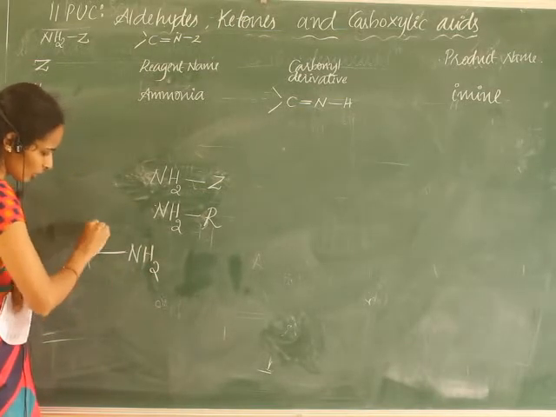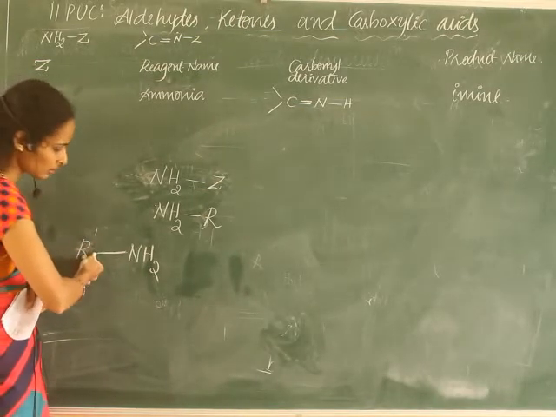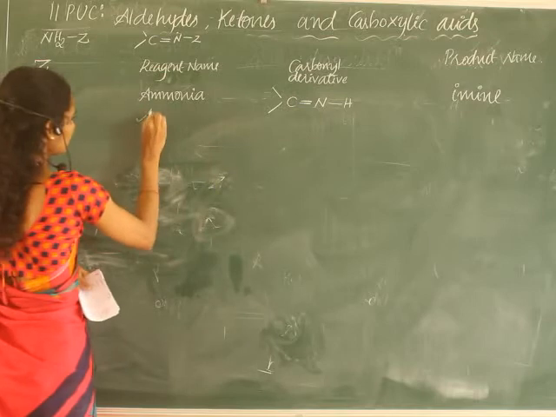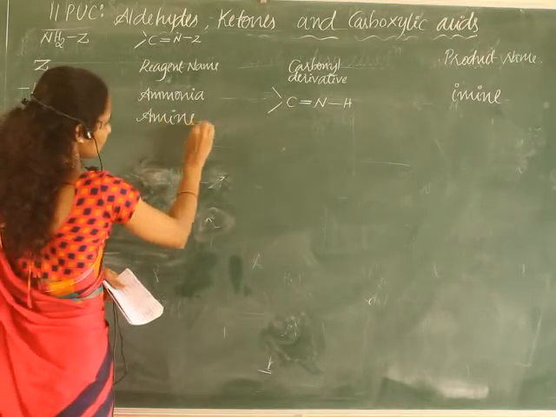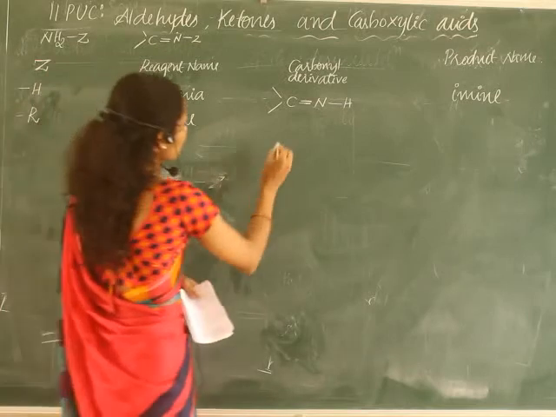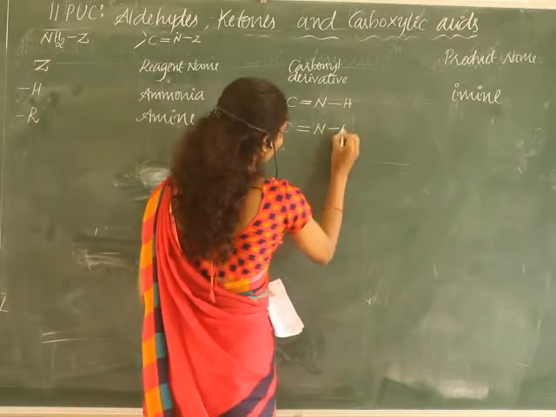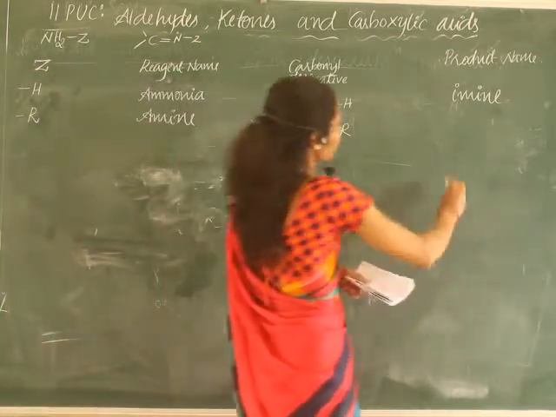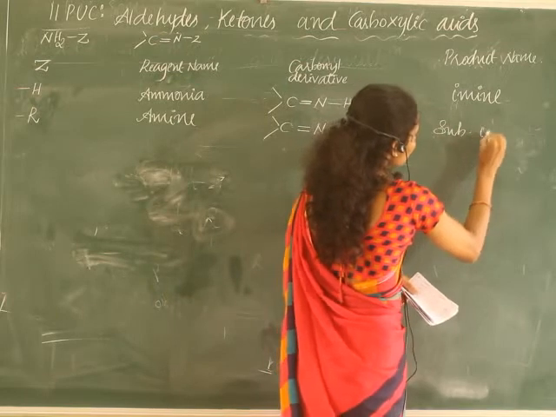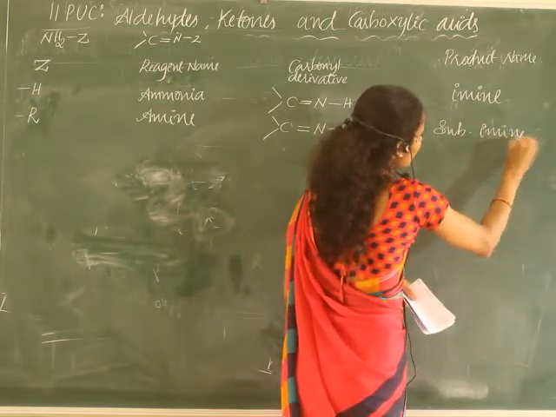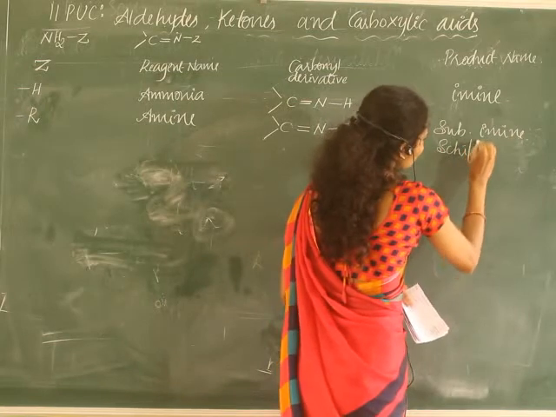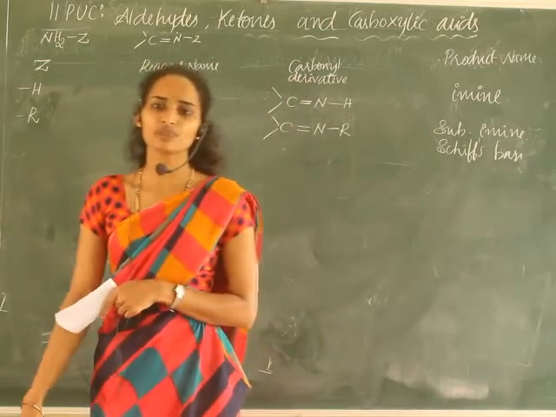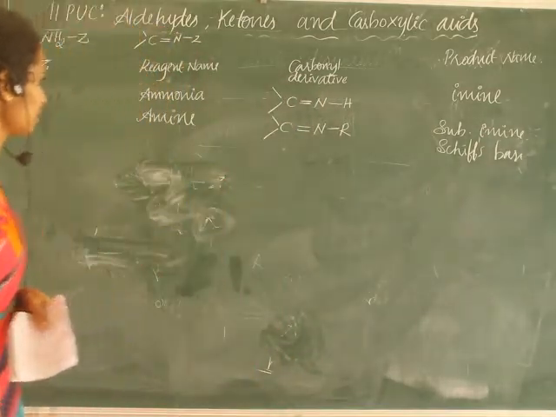If there is R or R dash, any substituent, amine. If Z is R, then it is called amine. Now carbonyl derivative is C double bond N R, and here 2 bonds. And product name is substituted imine, or also called Schiff's base. Okay, important. Also called Schiff's base or substituted imine.